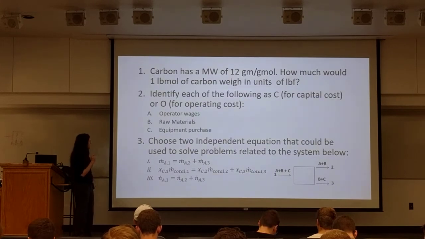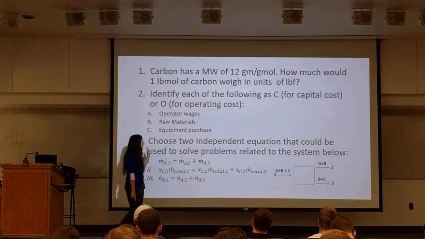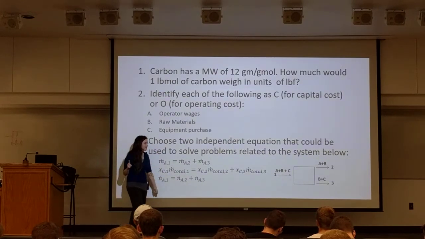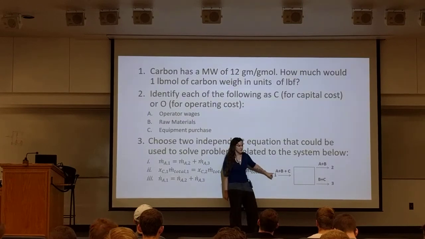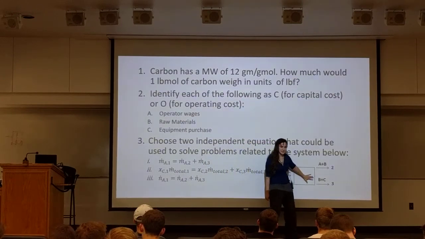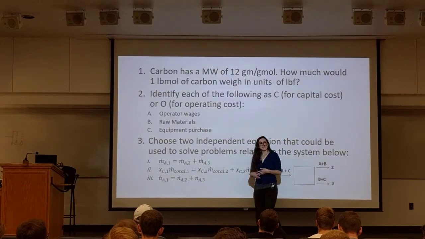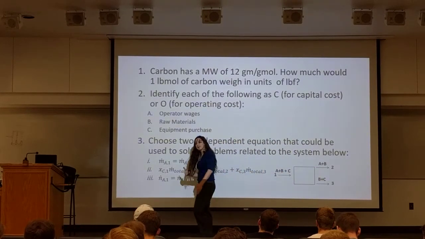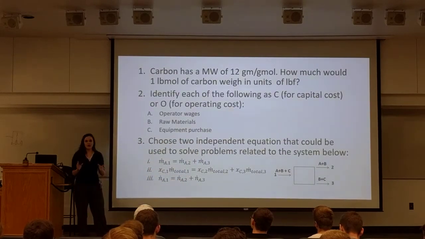Okay. And finally, choose 2 independent equations that can be used to solve problems related to the system below. So here's our system below. We have a mixture of A, B, and C going into here and being separated into A and B and C. To get equations to solve problems about the system, what we would do is do balances across the system.